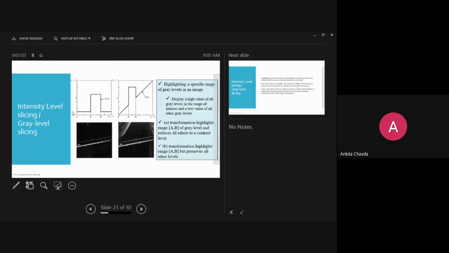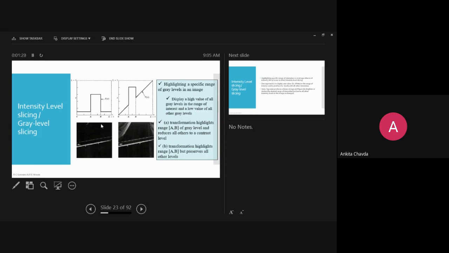You can see the figure. Here is my A, here is my B. They are my levels, suppose 50 to 75. In between this, 51, 52 till 75, if the color is this, I want to transform it into another color. So I'm just stretching that particular band only.